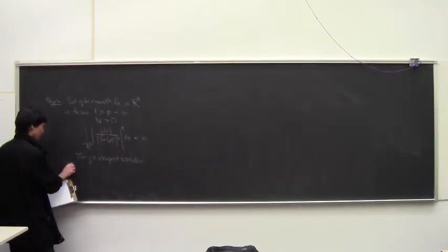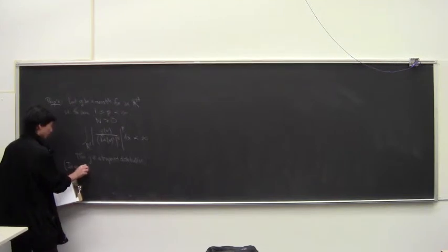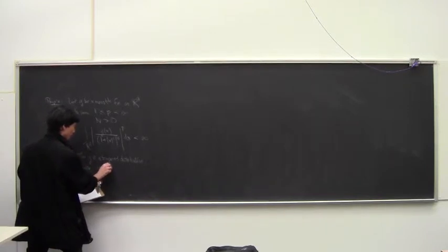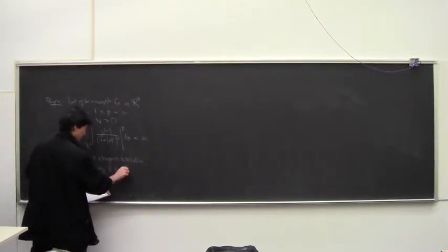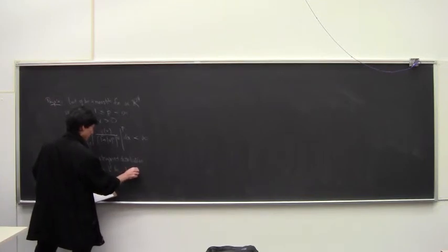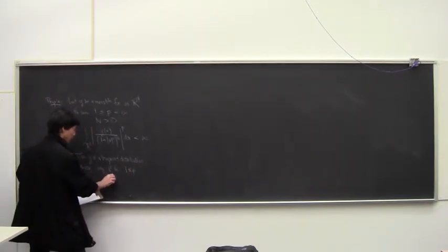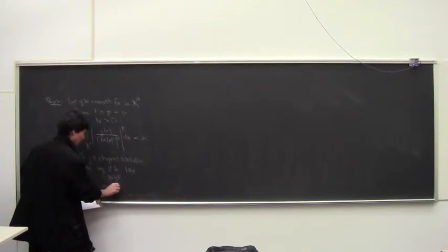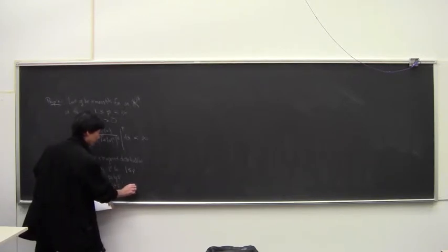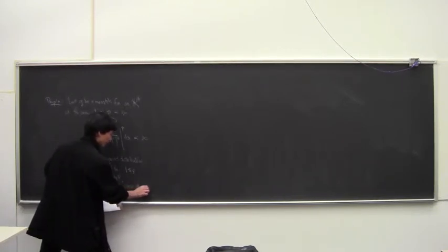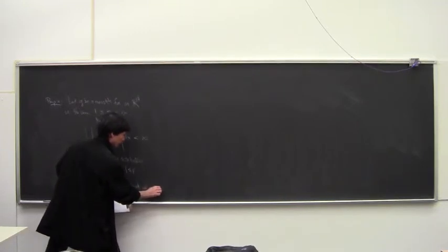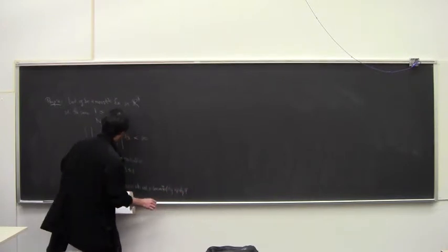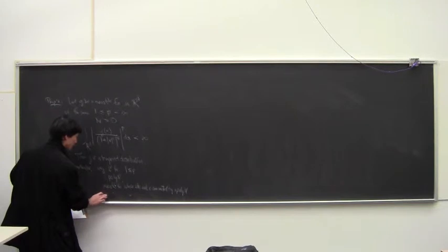So in particular, any L^p function, any polynomial, or measurable function whose absolute value is dominated by a polynomial is a temperate distribution.